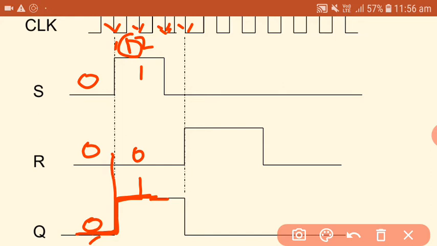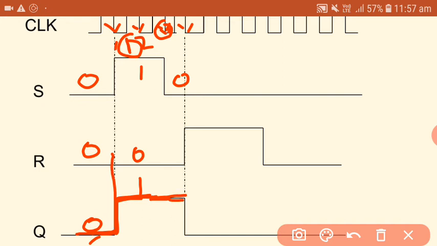And here the S input is changing its state from logic 1 to logic 0. This transition is applied after the third negative going edge triggered clock, so for this third clock pulse also, the output will be equal to 1.